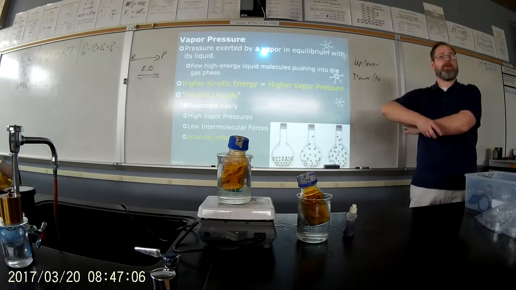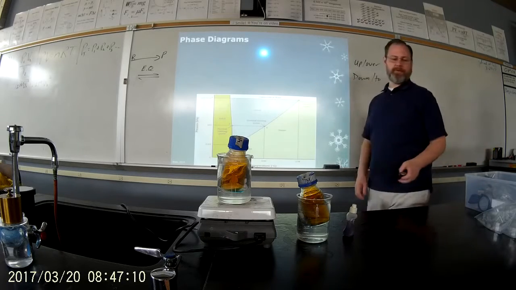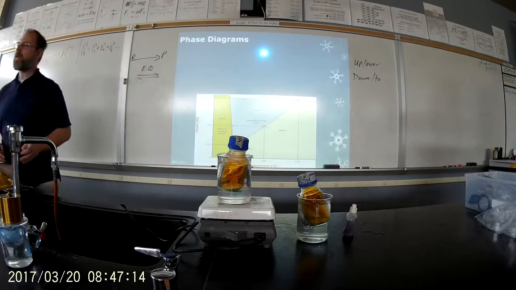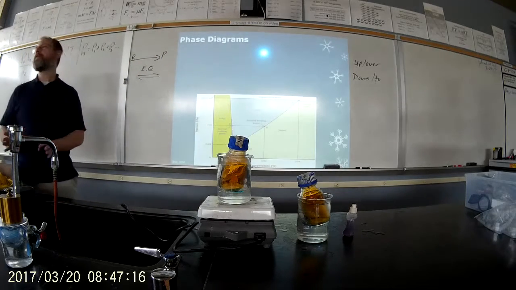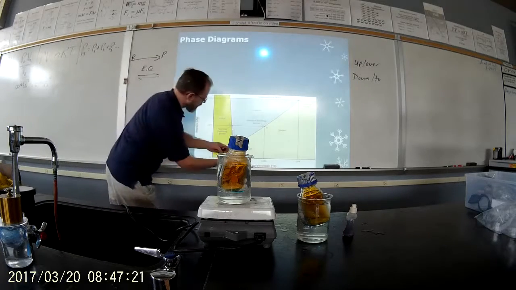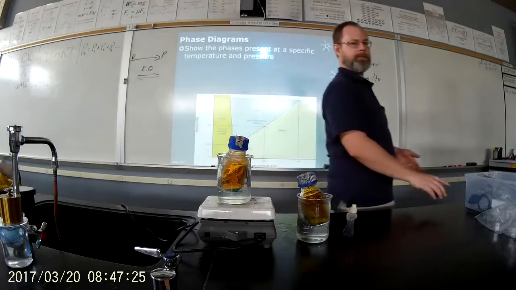Okay, questions? All right, we're almost done. Phase diagrams. Phase diagrams are a really handy tool that say, this is the phase of matter you will have at this temperature and this pressure. A very, very handy tool.